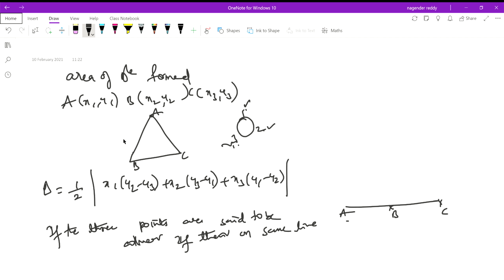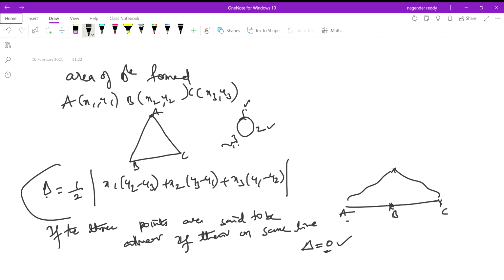For example, a line is here and A, B, C are on it. Three points A, B, C are said to be collinear if they are on the same line. How do we identify this? If you find the area of the triangle and this area is 0, then we can say that A, B, C are on the same straight line. Why? Because if a point is not on the line, we would get a triangle form. But here we are not getting a triangle.